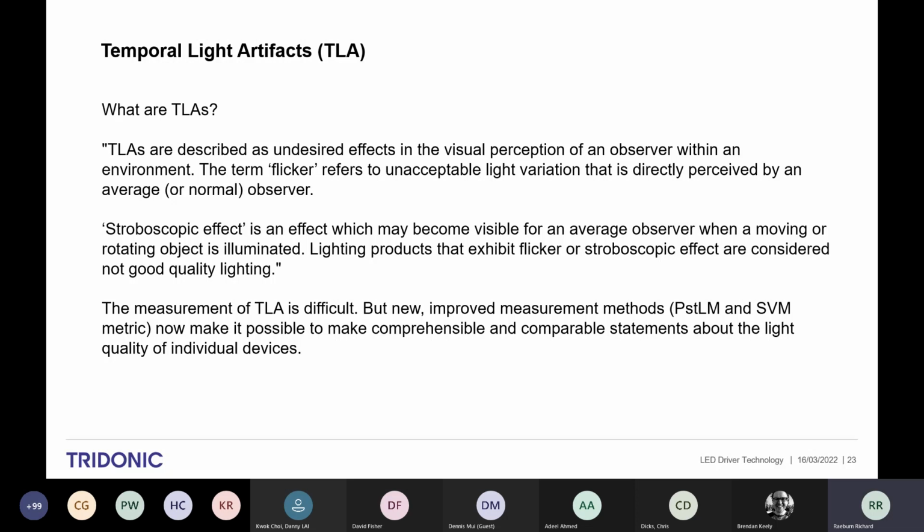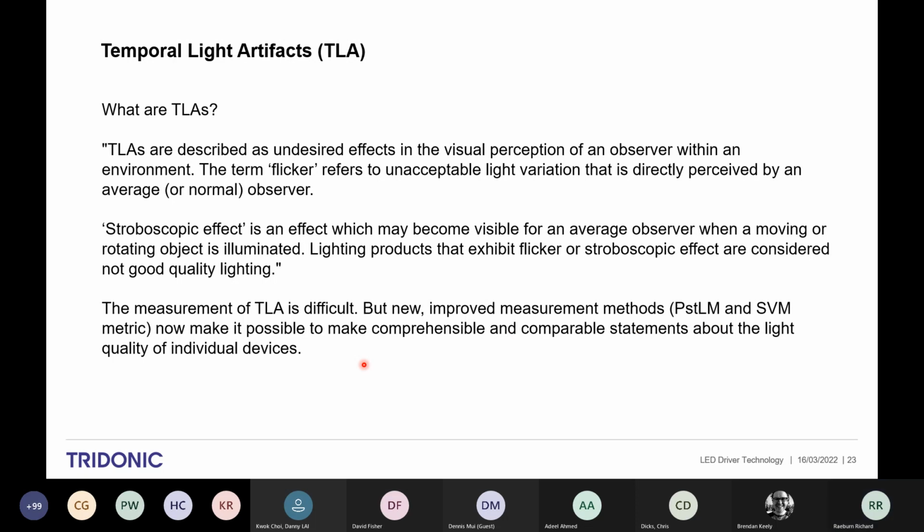So these are basically undesired effects in the visual perception of an observer within an environment, such as flicker, and short-term light modulation, which is given the term STLM, or stroboscopic visual measurement, so SVM effects.